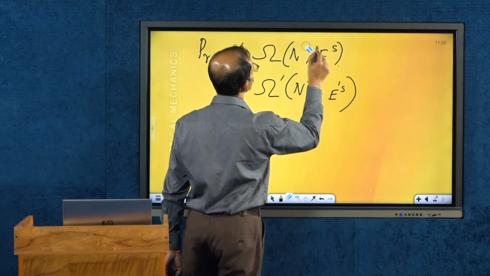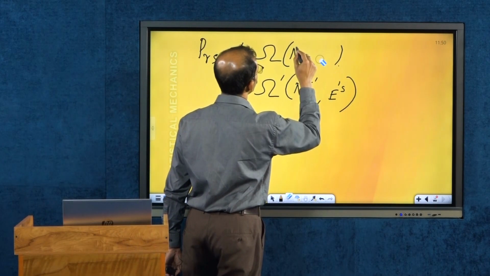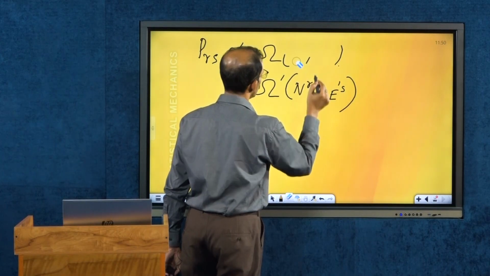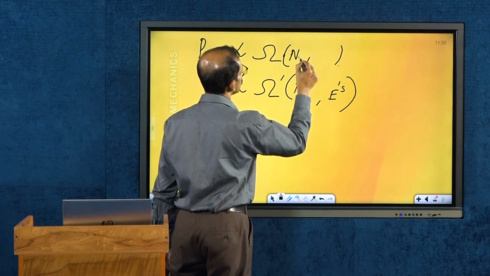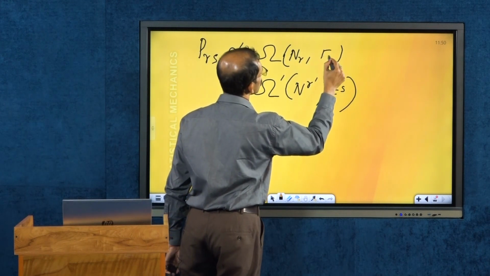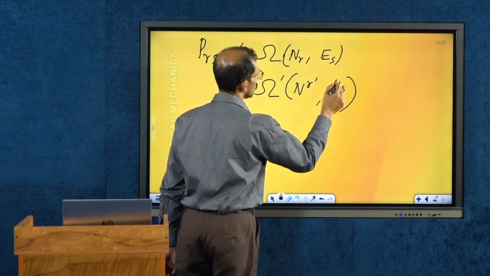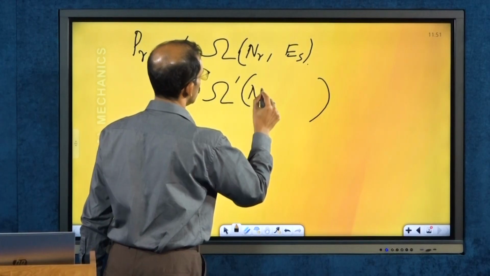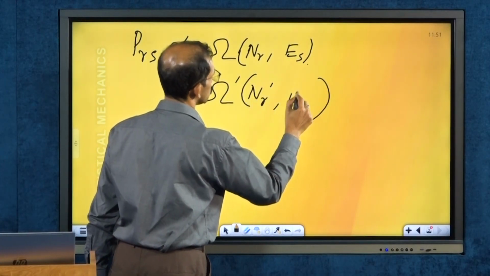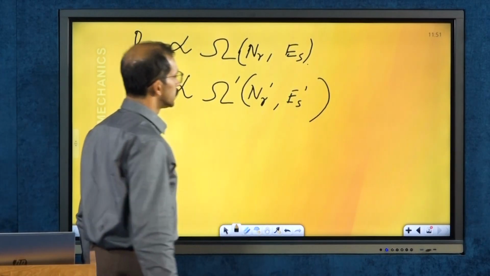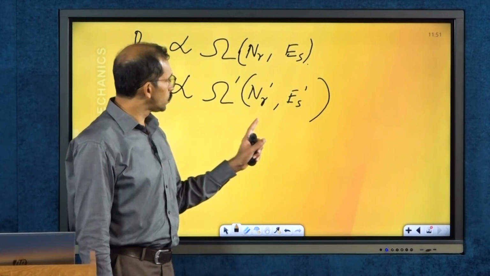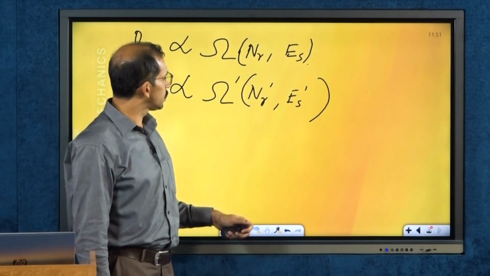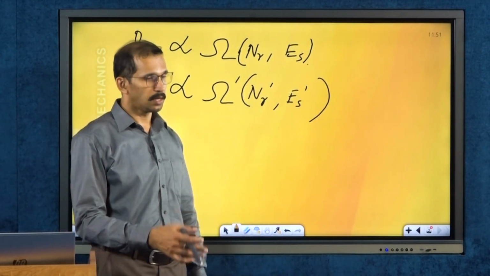I think it would be better for me to keep the same kind of designation, N_R E_S, N_R' E_S', which I can always write in terms of the identity which we had written over here.